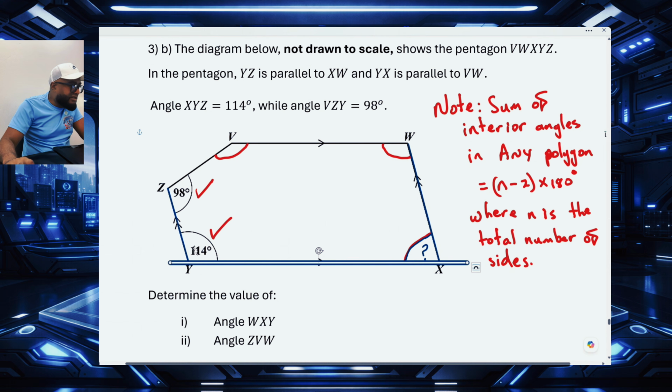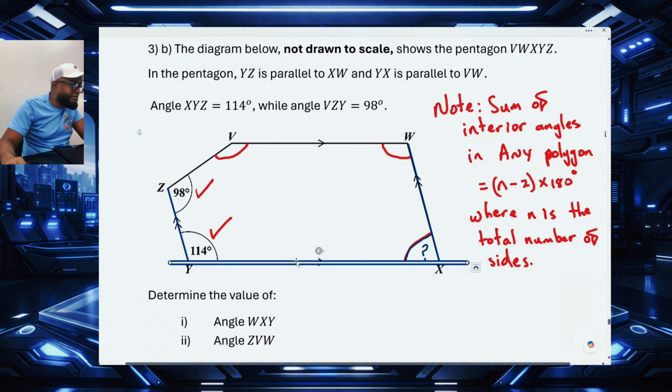If this is a transversal, what will these two angles add up to? 180. And what will be the reason? Alternate angles are equal? Angles on a straight line add up to 180?